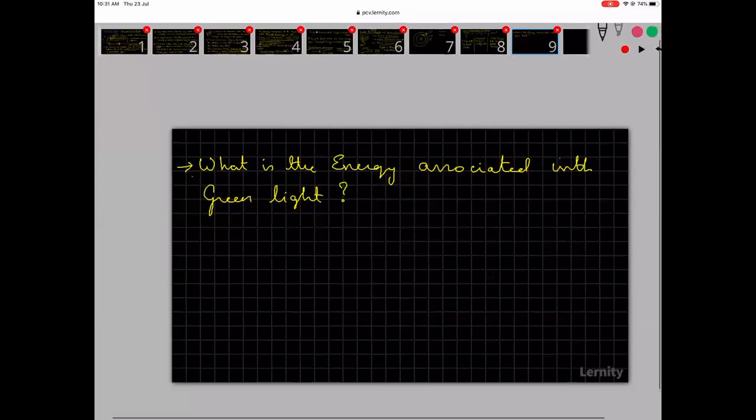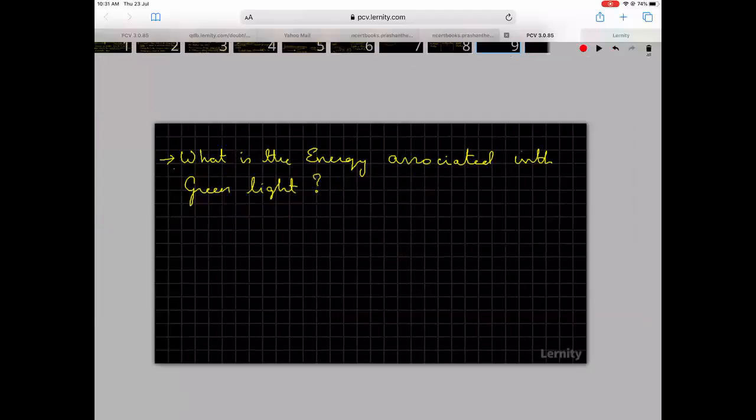What is the energy associated with green light?